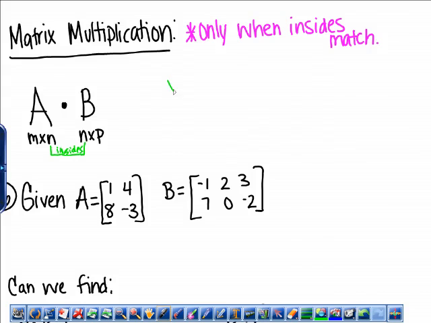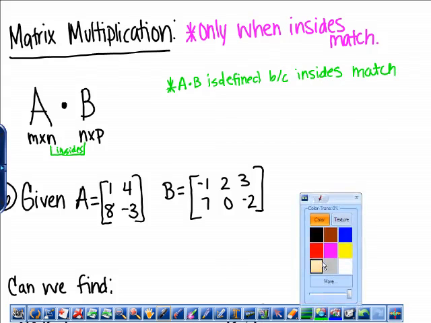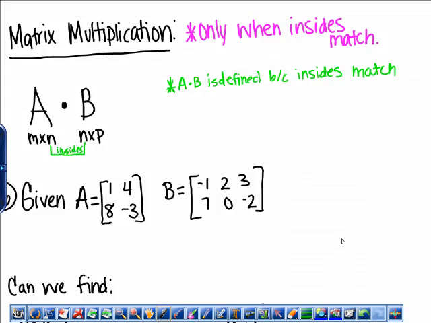So what we know is that A times B is defined because my insides match. The outsides also play a part. These are your outsides, m by p.